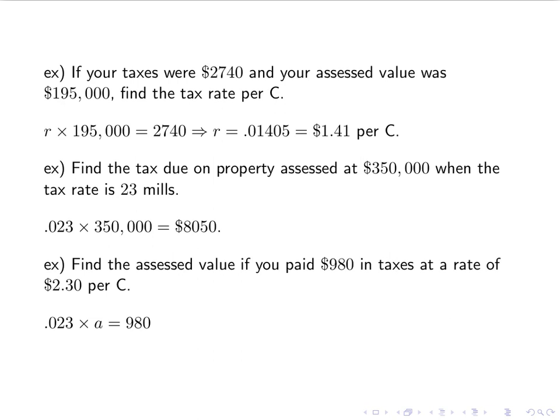So 23 mils is the same as $2.30 per C. And then we don't know A, and we know T is 980. So to solve for A, we divide by 0.023, and we get an assessed value of $42,608.70.